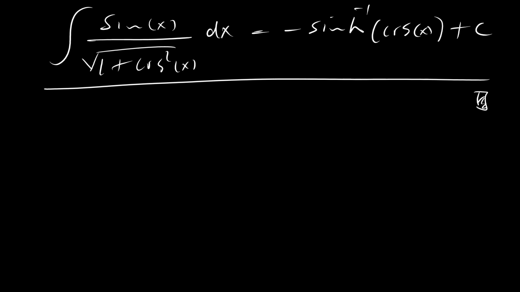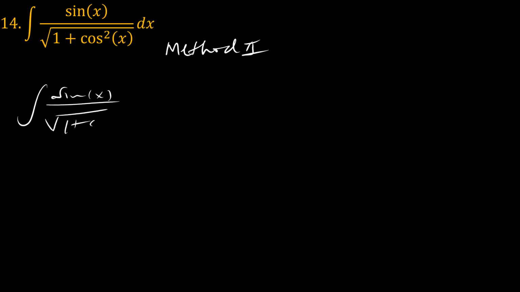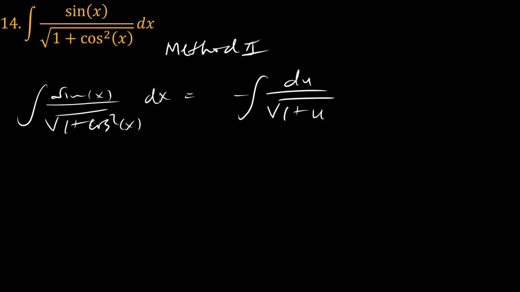Now let's go to method 2 on just solving this problem 14. Okay, we were previously able to bring it to a point where we had negative 1 over the square root of 1 plus u squared, right?